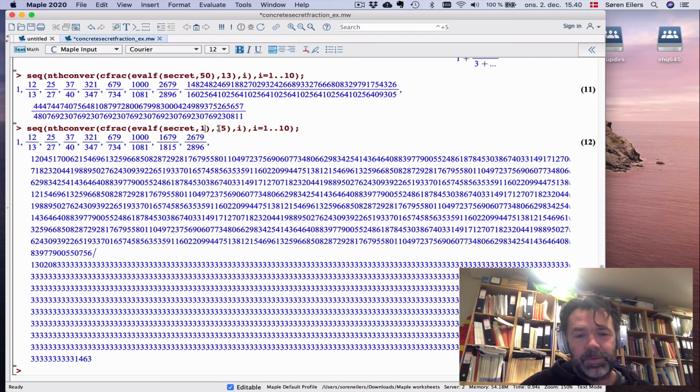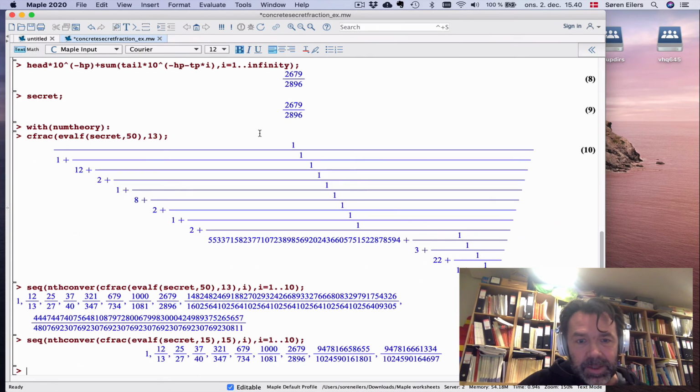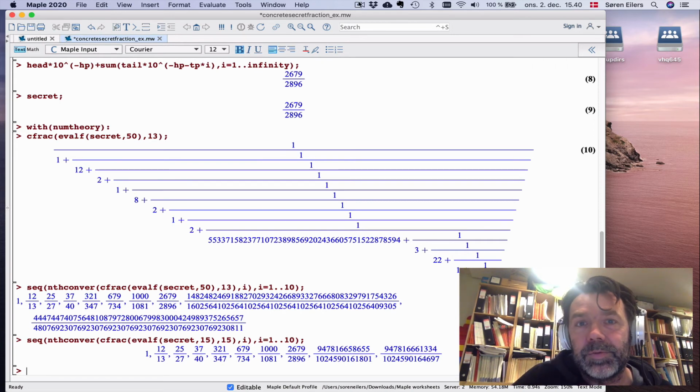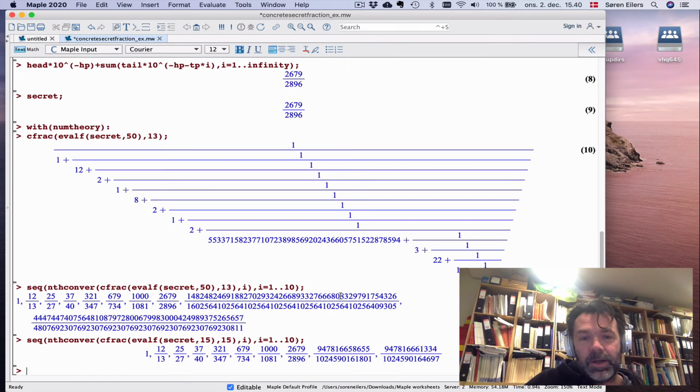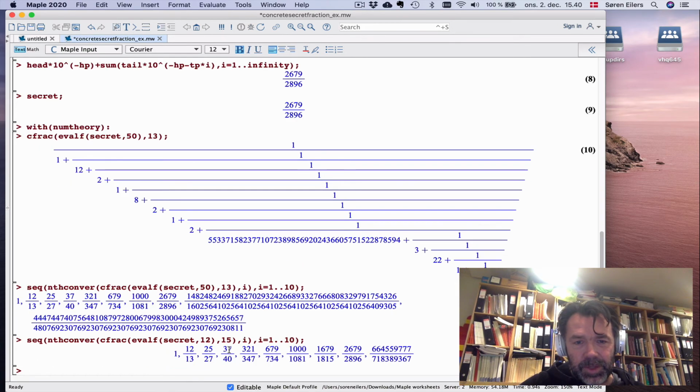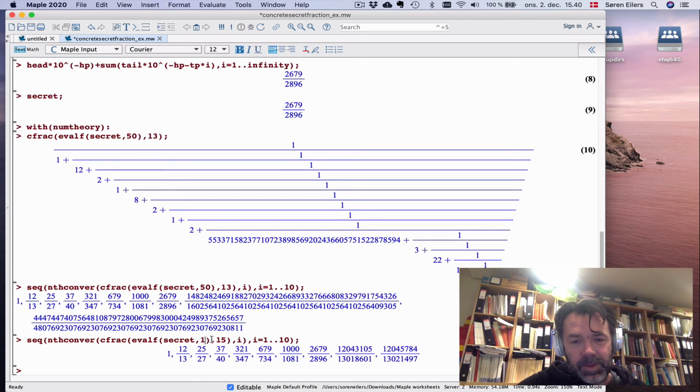I could do this with 15 digits. Then I would get the number that I'm looking for. And so you can see this is much, much more efficient than what I did before because I don't need several hundred digits. I just need 15. Right? Actually, we can see how much I can squeeze this. If I go down to 12, it still works. If I go down to 10, it still works. I think I'm pushing it here.